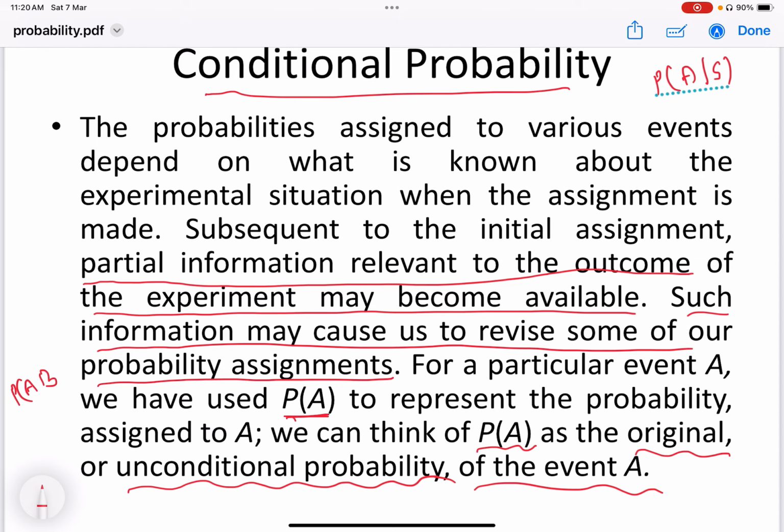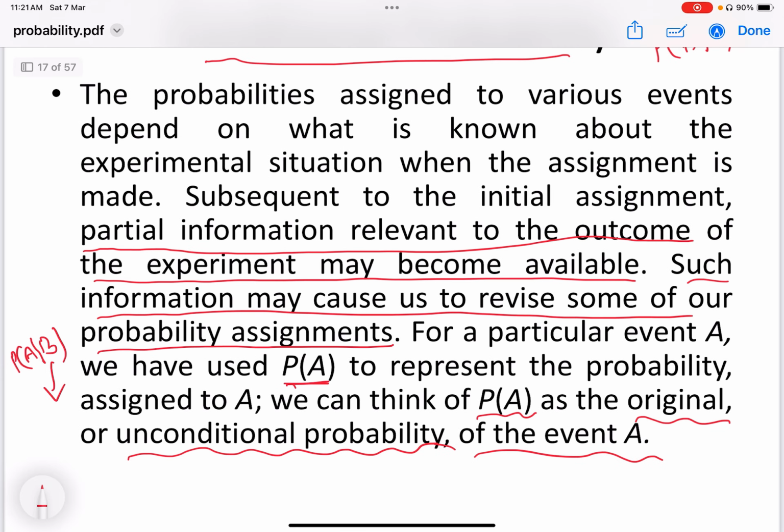So we say like this, P of A given B. Then it is called the conditional probability. So here the sample space changes. The sample space becomes the elements of B. So that is the conditional probability.